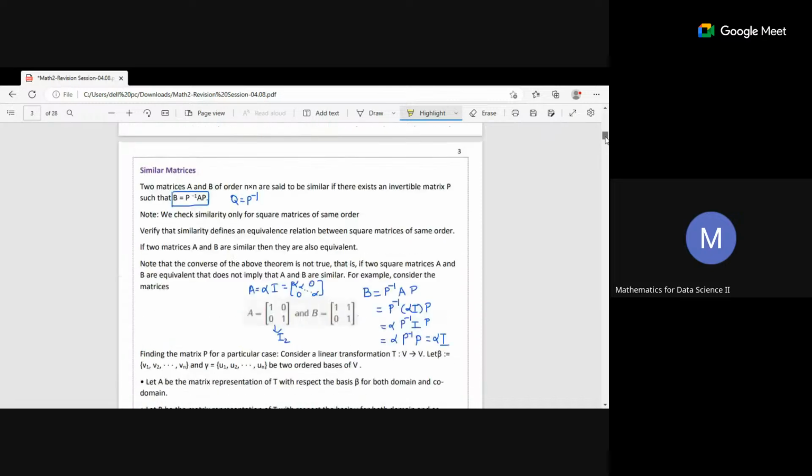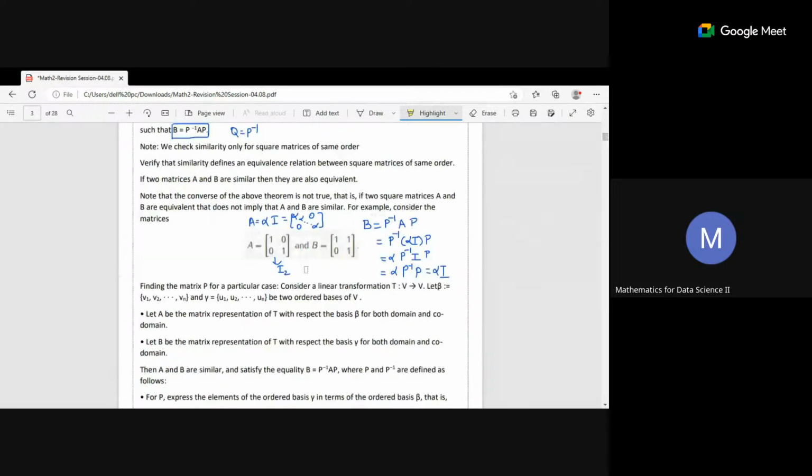But for similar matrices, that condition is not sufficient. You need much more than that. So here A and B are equivalent because the rank of A is equal to the rank of B. What is the rank of A and B? 2. So A and B are equivalent, but A and B are not similar.